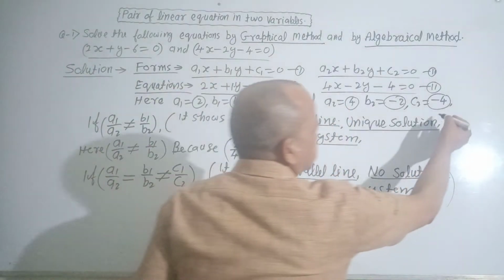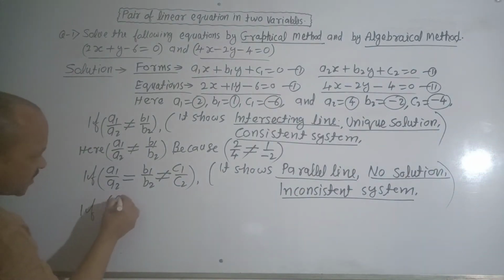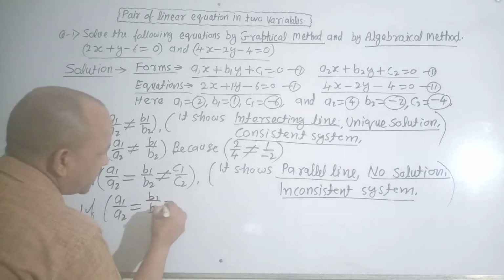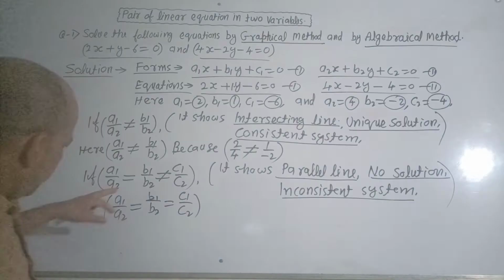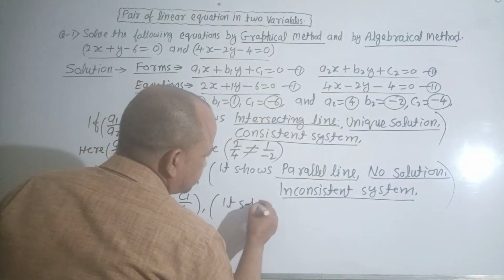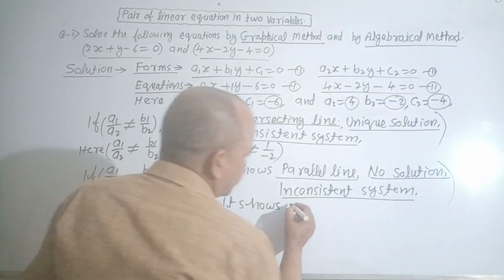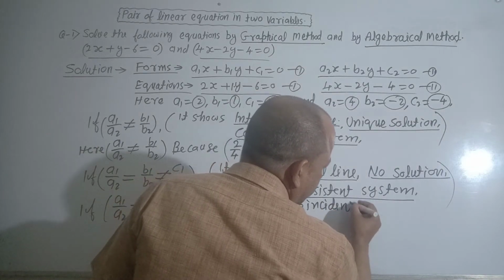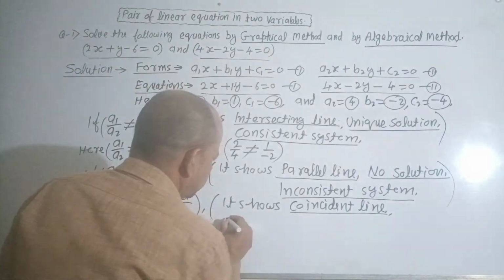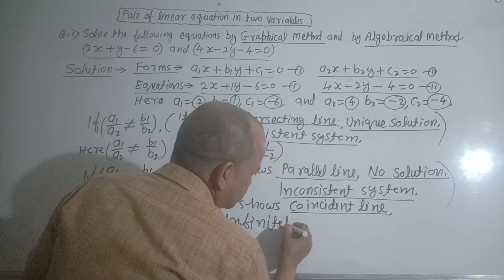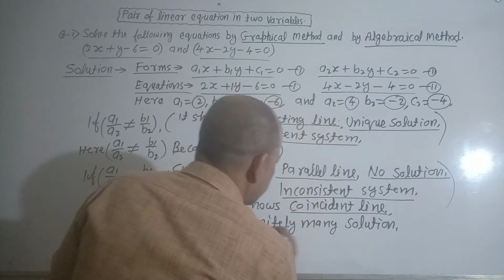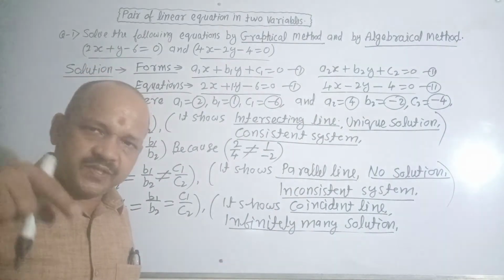Is it clear? If a1 by a2 equal to b1 by b2 equal to c1 by c2, then it shows coincident lines, infinitely many solutions and consistent dependent system.